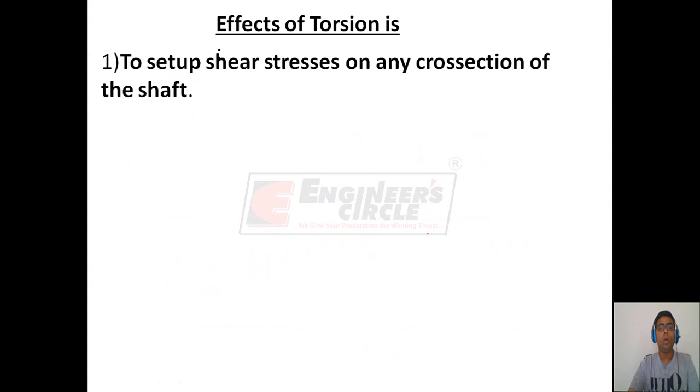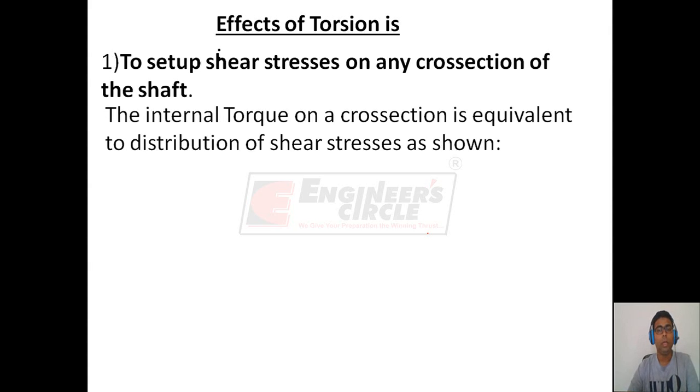Now let us see what are the effects of twisting moment, that is torsion. The first effect of torsion is to set up shear stresses on any cross section of the shaft. The internal torque on a cross section is equivalent to distribution of shear stresses. We have seen that due to the applied twisting moment, internal torque will be set up on the shaft.